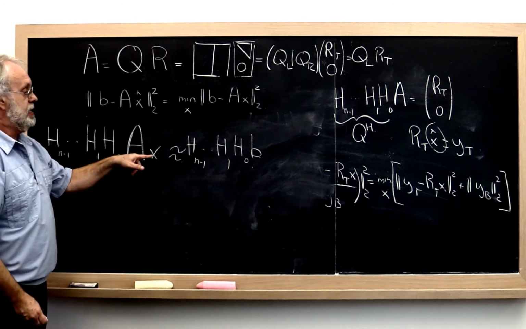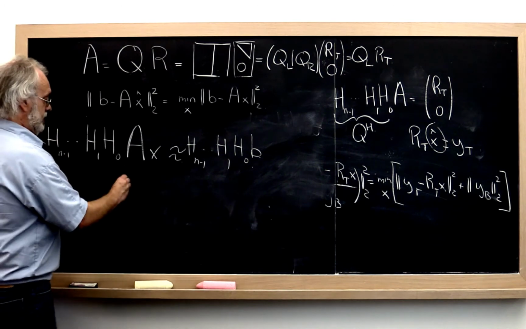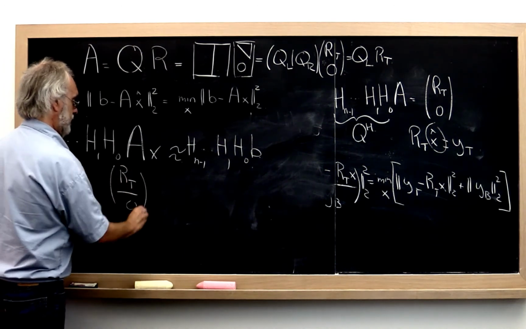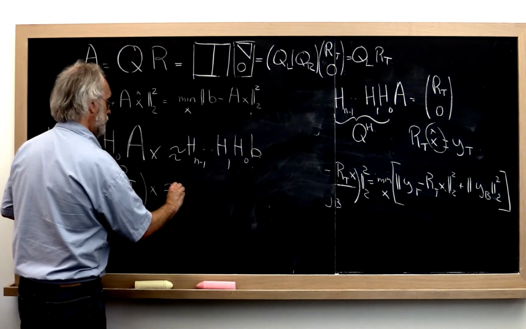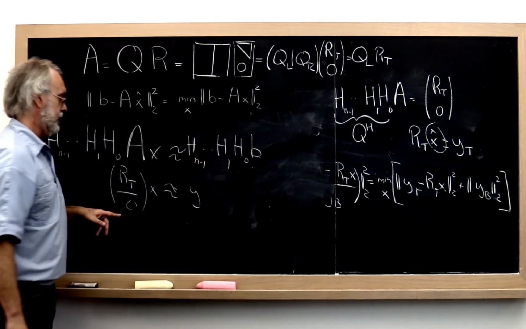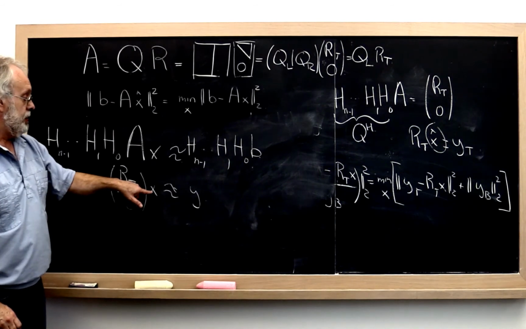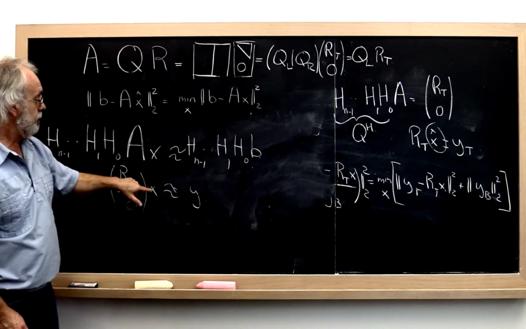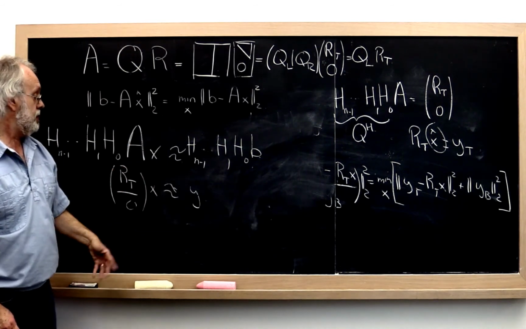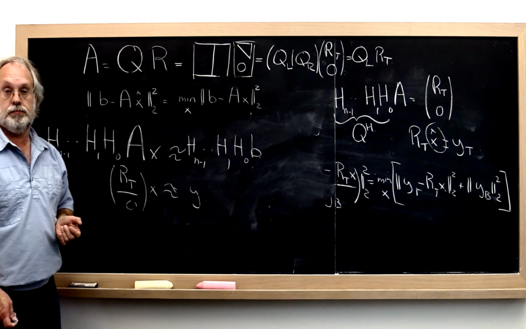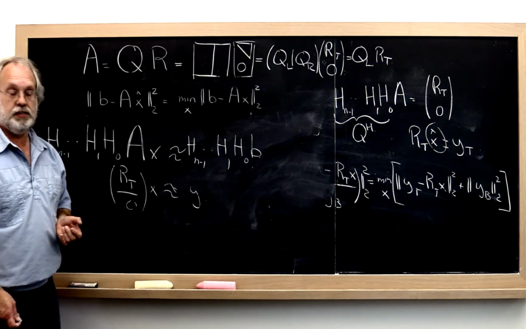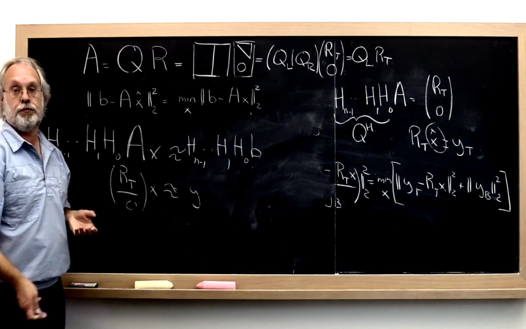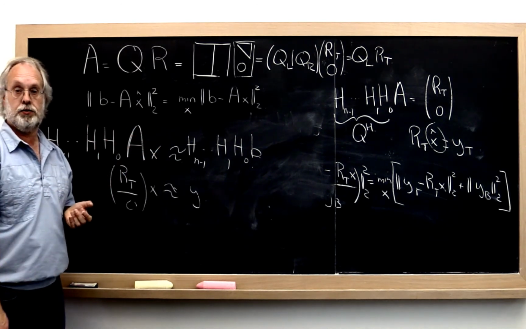And then once you're done with that, this here is our matrix R top with zeros below it, times x is approximately equal to this updated vector, which is now y. And then you cut your y in half, you solve with the top part, and you get your optimal solution. And that's a convenient way of remembering how the process fits in with how the Householder transforms are used to make the matrix into an upper triangular matrix.